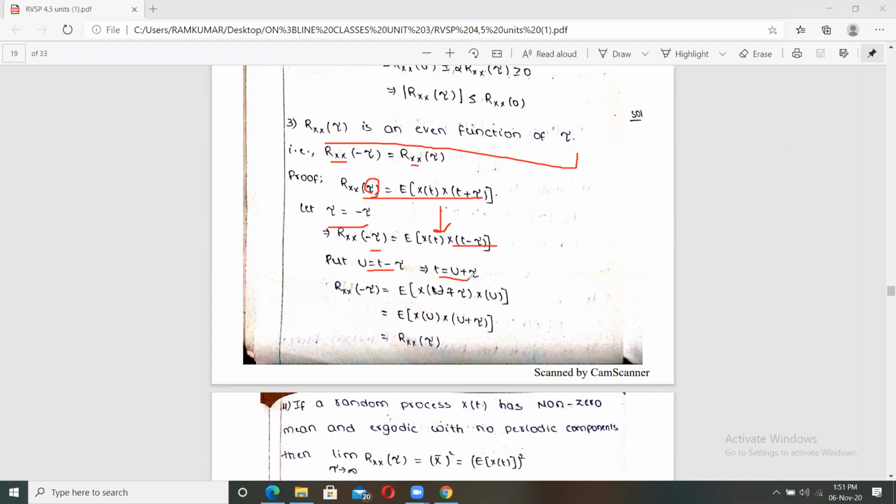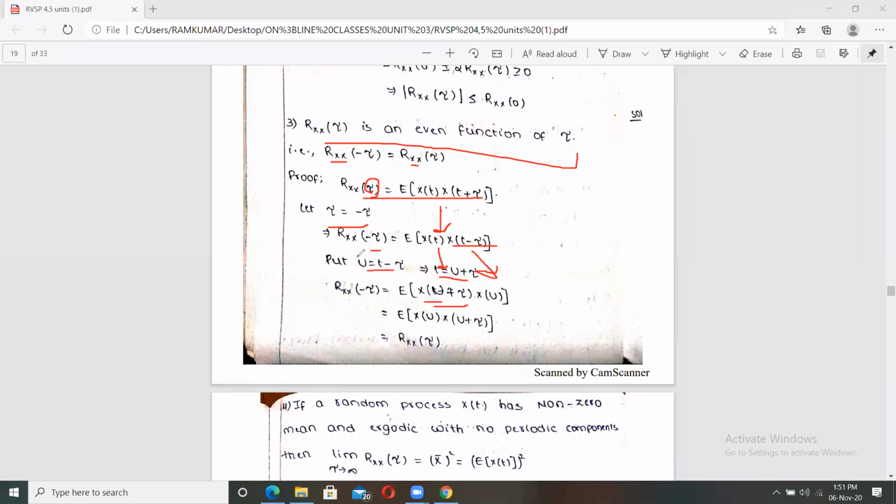So x of t becomes x of u plus tau, that means in place of t, we have to substitute u plus tau here. And also in place of t minus tau, we have to substitute u here, right?